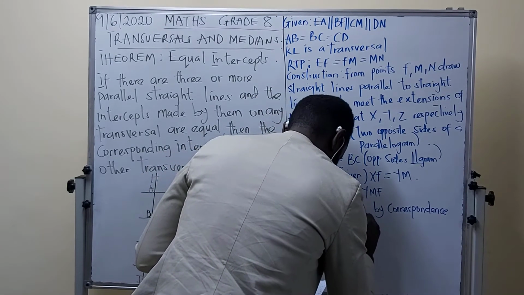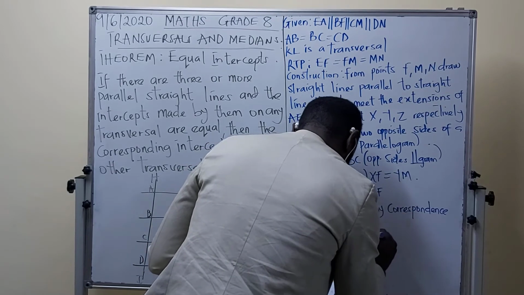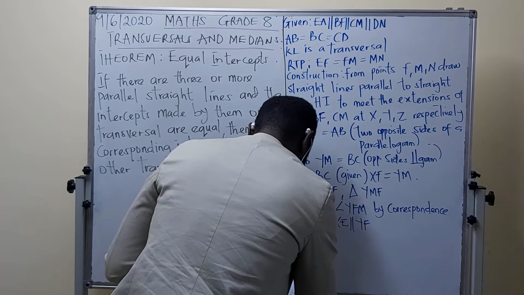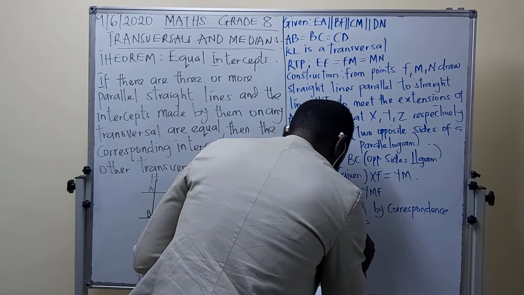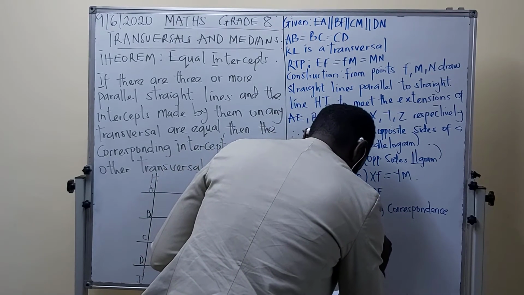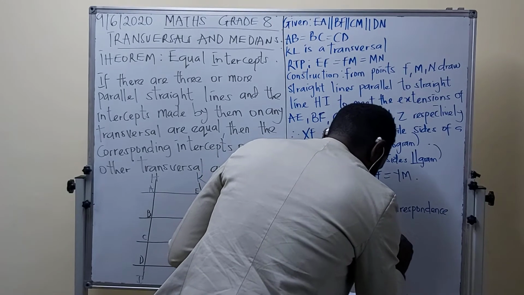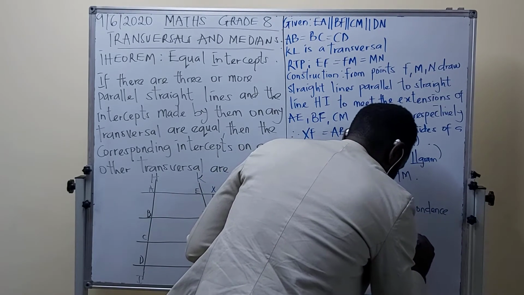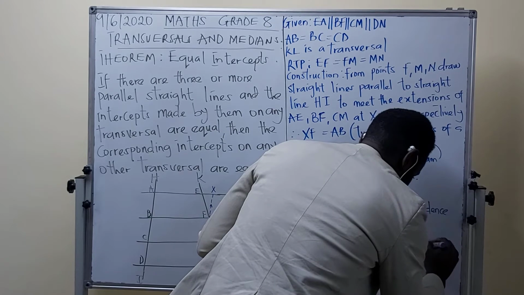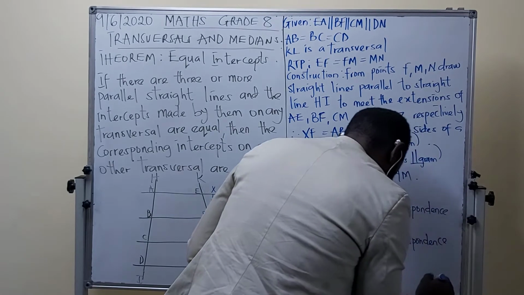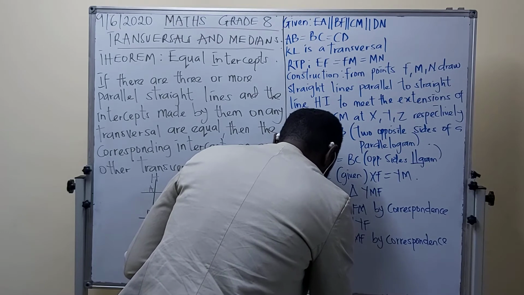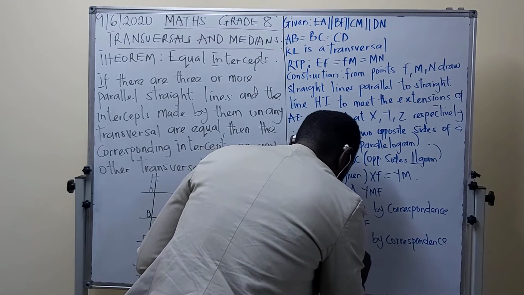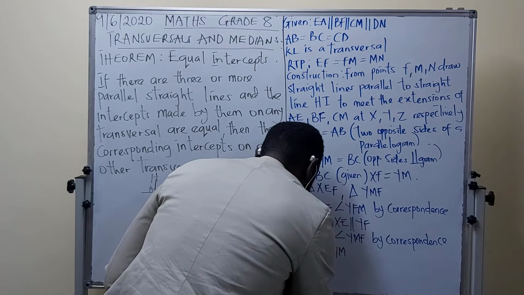XE is parallel to YF. And angle XFE is equal to angle YMF, correspondence as well. As far as XF is parallel to YM.